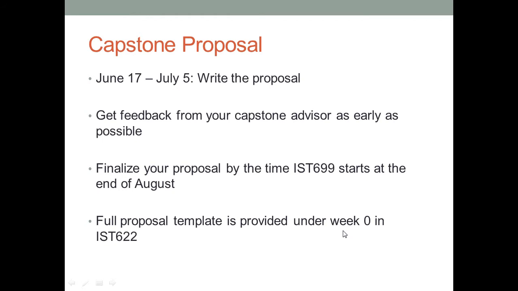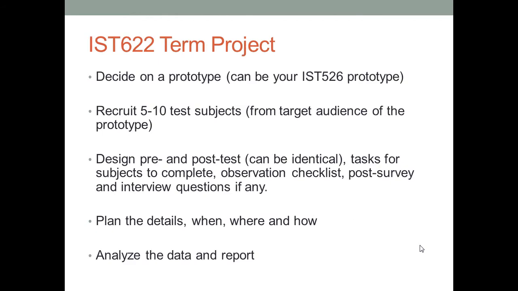The preliminary proposal template that you have did not have the evaluation testing section. Now that you are taking 622, you should be able to write your evaluation and testing plan in your proposal. So I will provide the template soon after this lecture, okay?